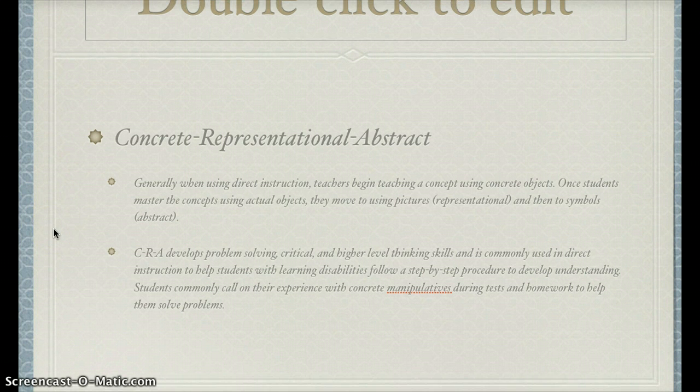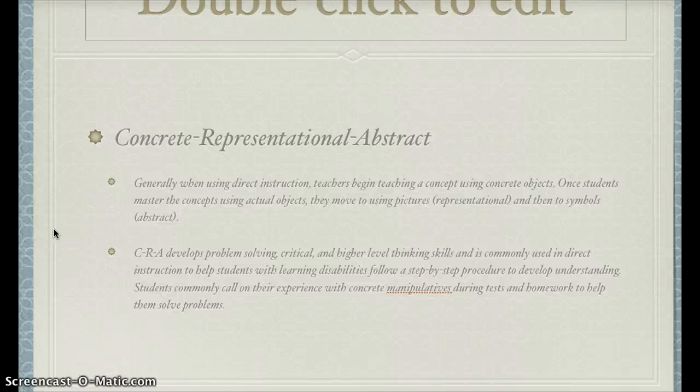Another way that you can use direct instruction is through a strategy called concrete representational abstract. And in this strategy, children work with concrete manipulatives first, and then they move to representations or pictures of concrete objects, and then abstract, which is a symbol such as a number. And this is very common in direct instruction.